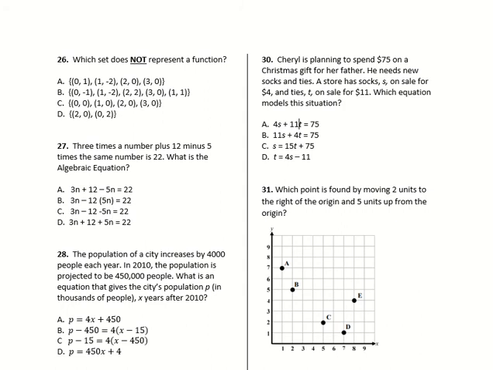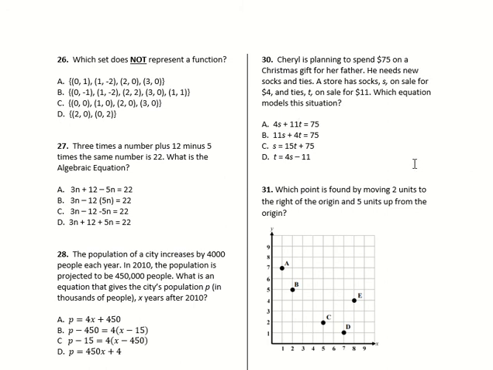30. Cheryl is planning to spend $75 on a Christmas gift for her father. He needs new socks and ties. A store has socks S on sale for $4 and ties T on sale for $11. Which equation models this situation?